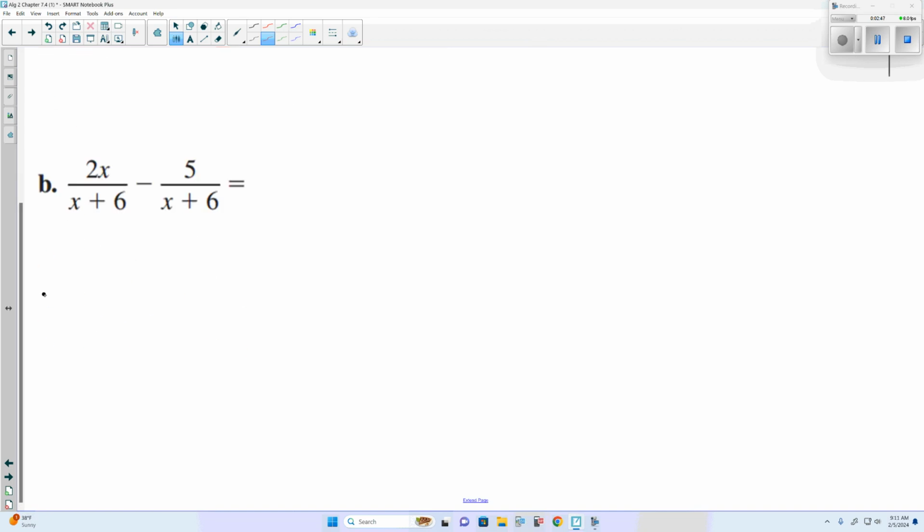2x over x plus 6 minus 5 over x plus 6. Are the denominators the same? Yeah, the denominators are the same. So we can subtract the numerators.